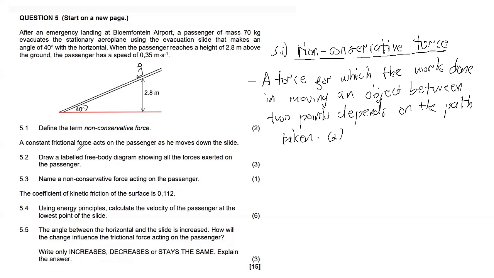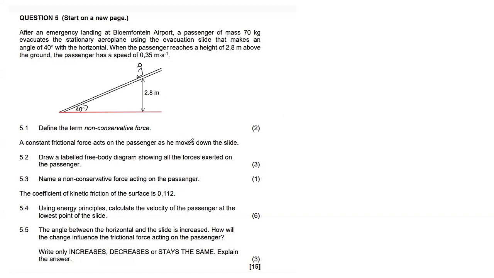We are told that a constant frictional force acts on the passenger as it moves down the incline. 5.2 says, draw a labelled free body diagram showing all the forces exerted on the passenger. Okay, so the first thing that you want to do is you just faintly draw your incline, which you will then erase after. So you're just drawing it so that you can correctly draw all your forces there.